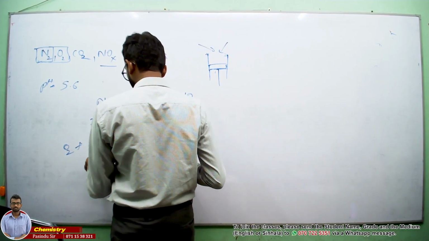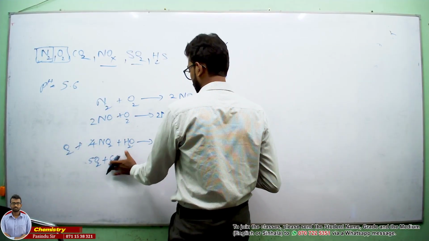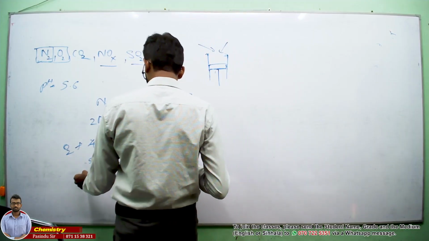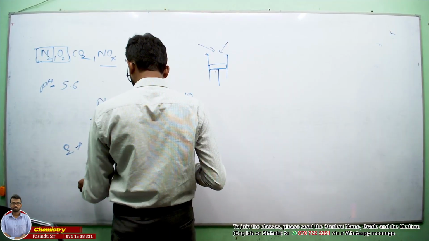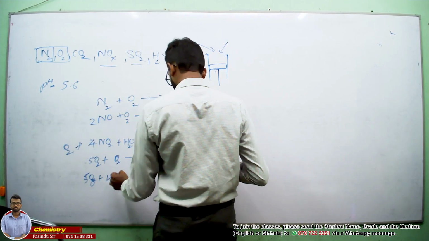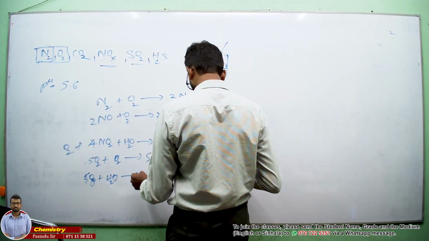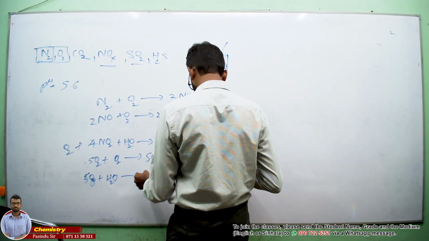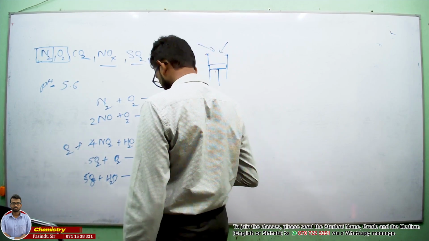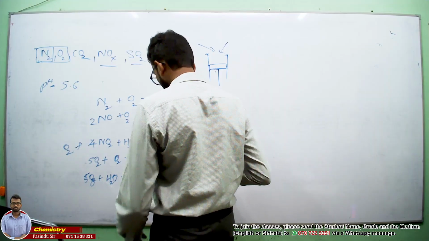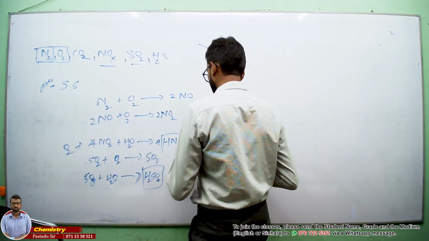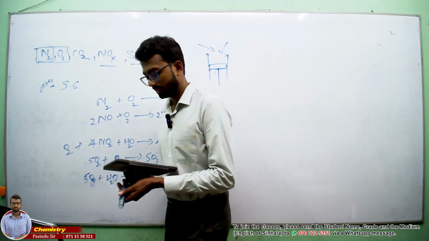Sulfur oxidizes into sulfur trioxide, and that sulfur trioxide dissolves in water. If they ask, you have to write all those equations. H2SO4. It forms sulfuric acid and HNO3, which is a strong acid.